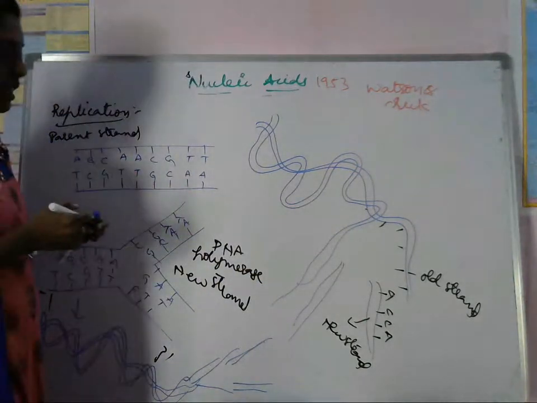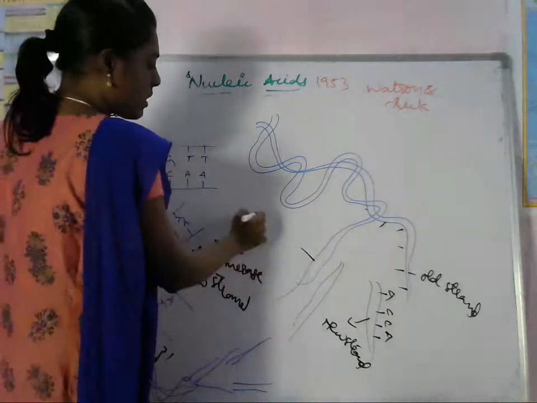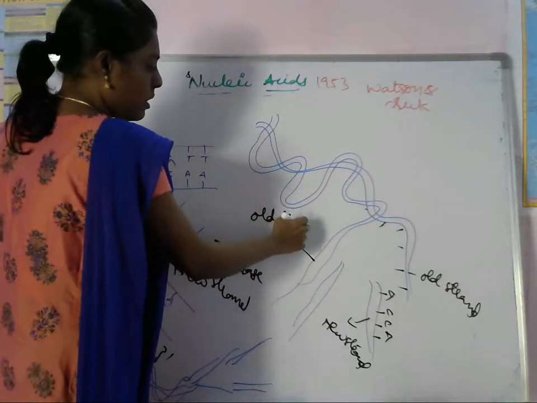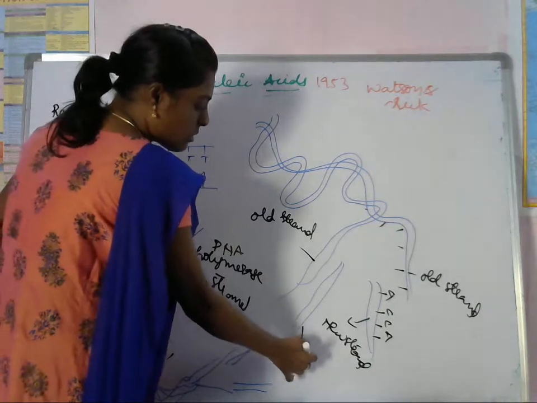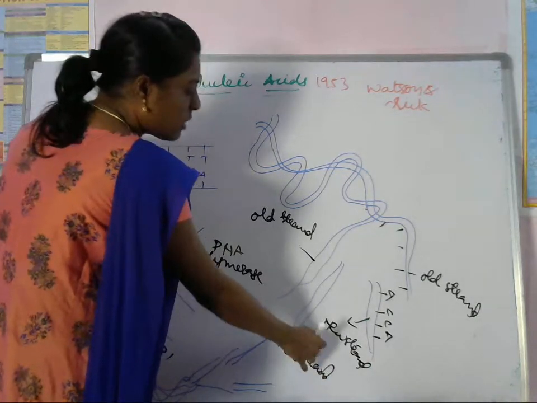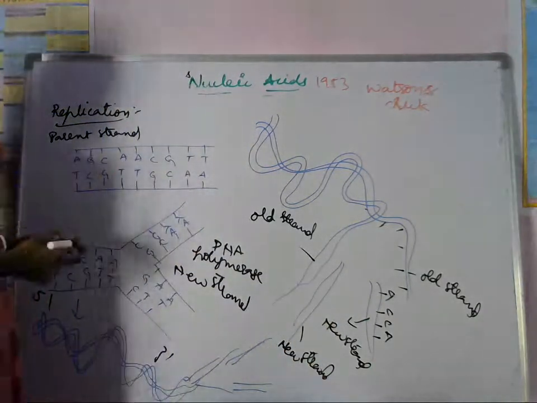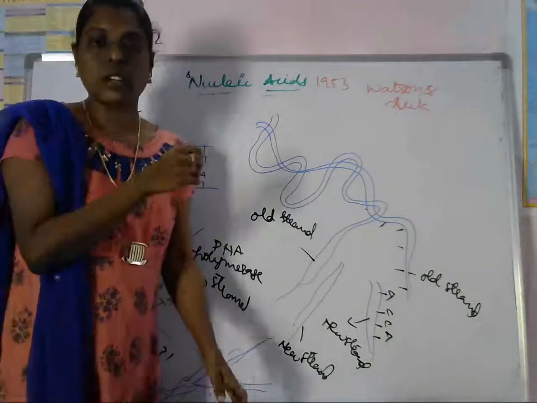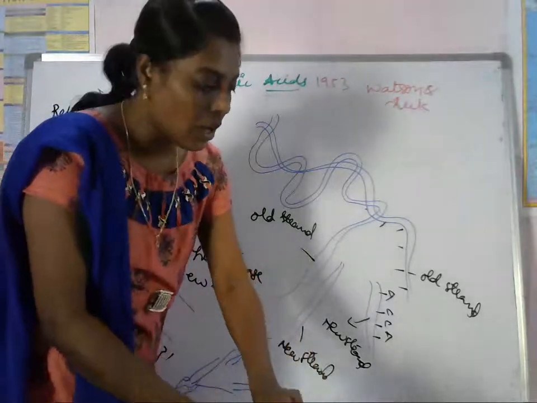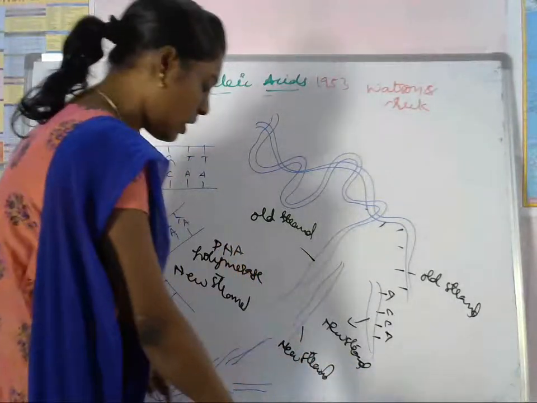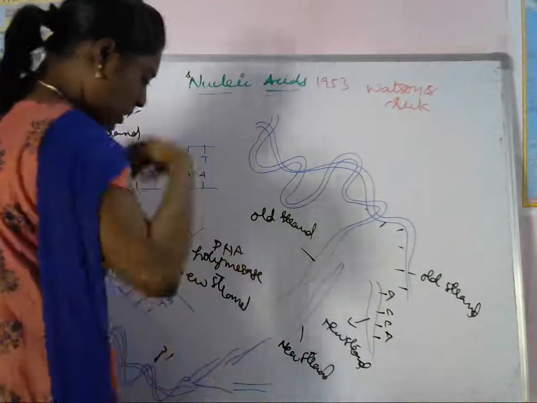This is also the old strand, and this is the new strand, which is a daughter strand. So it produces copies of these daughter strands. This is replication. Replication is nothing but the production of this.